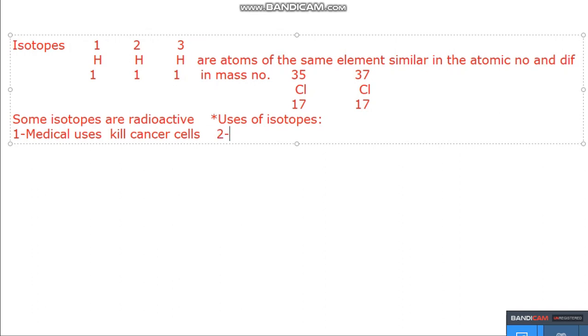The second medical use is to sterilize medical equipment, like scissors and so on, surgery equipment. Sterilize means purification from microbes, from bacteria.